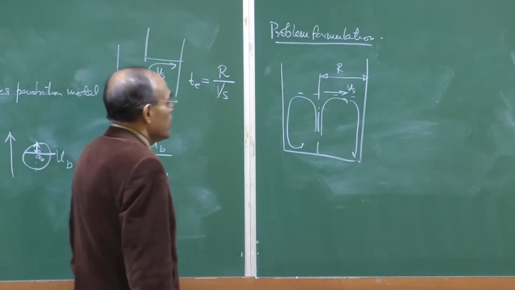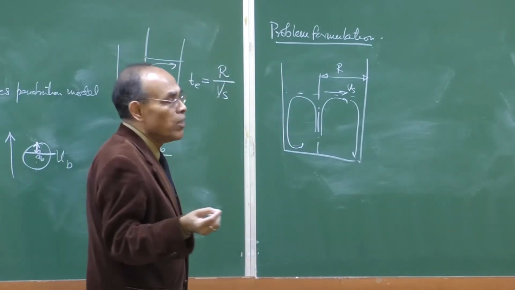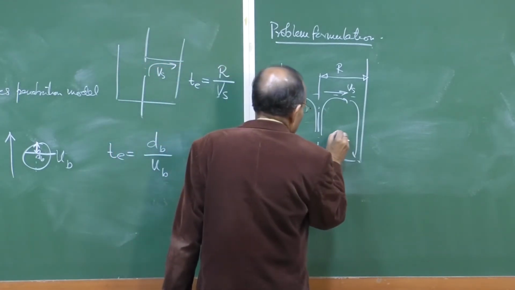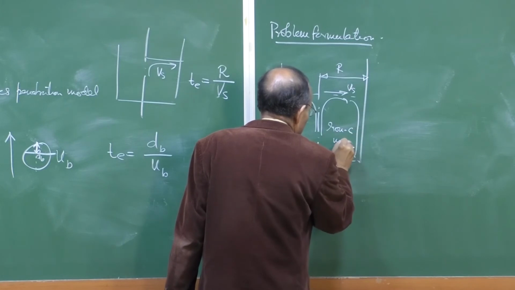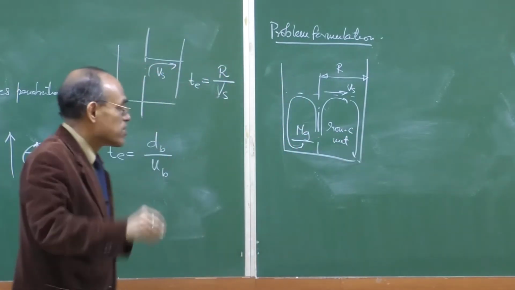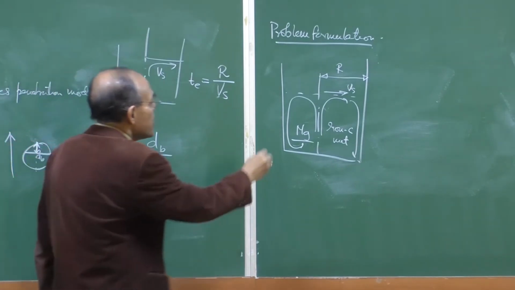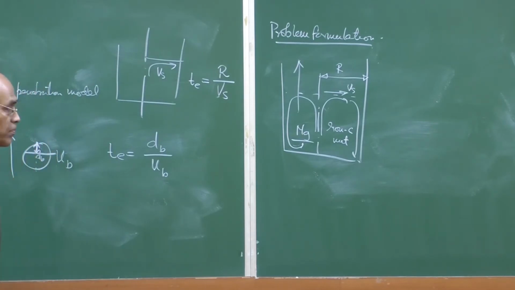Now suppose this melt, typically in industries, for example, for spheroidizing, you have an iron carbon melt and you tend to add magnesium, which spheroidizes carbon, but the magnesium gets evaporated. So, there is a loss of magnesium.